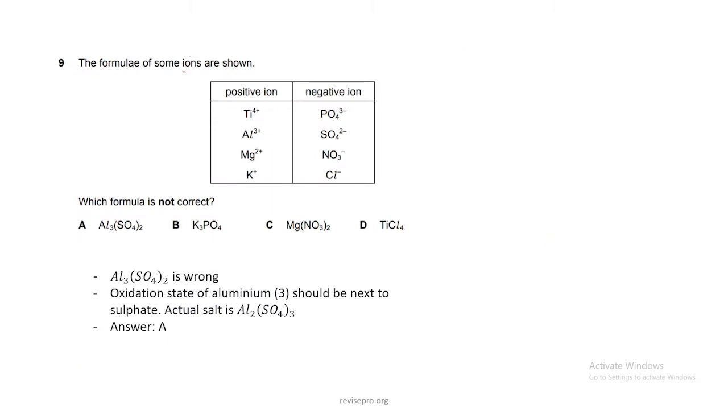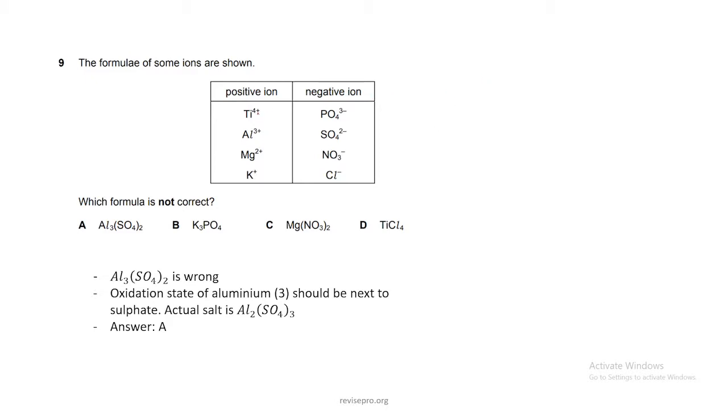The formulae of some ions are shown. Which formula is not correct? This is a matter of elimination. Deciding the formula is based upon the oxidation states of the ions involved.